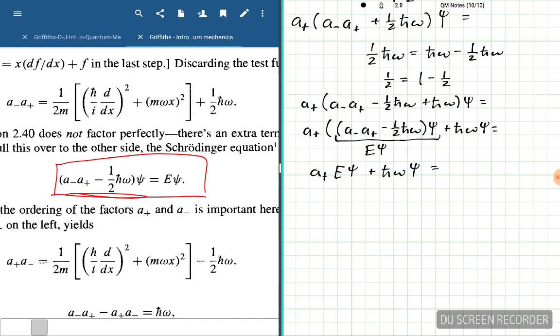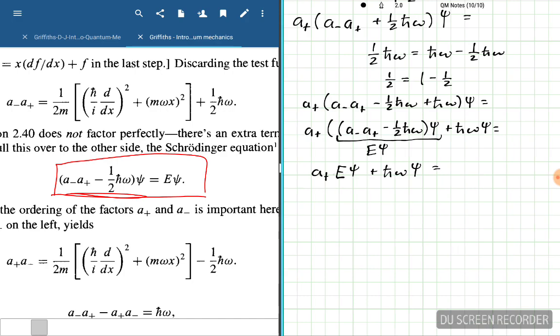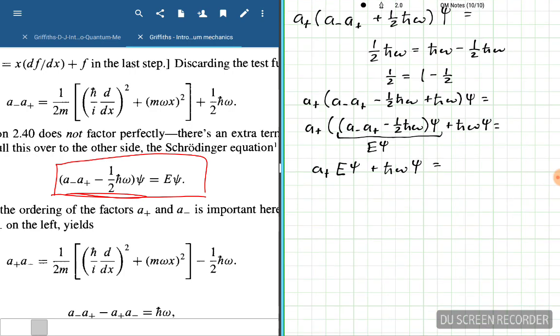Now again, I can switch the order here because my energy is a constant. So that means that my A plus operator, taking a spatial derivative on it, doesn't matter. It's not going to affect a constant. I don't have an x dependency of my energy, basically.